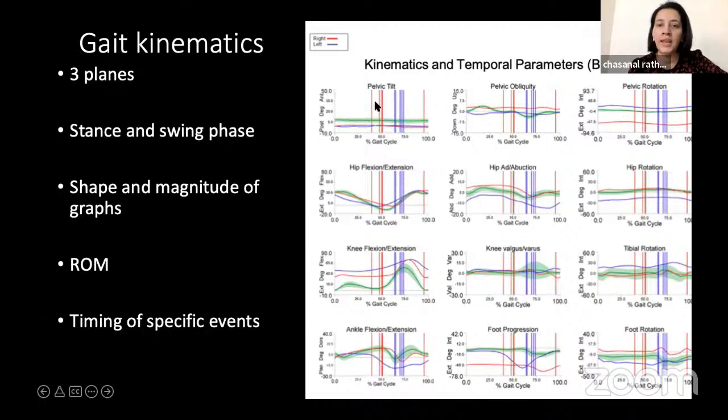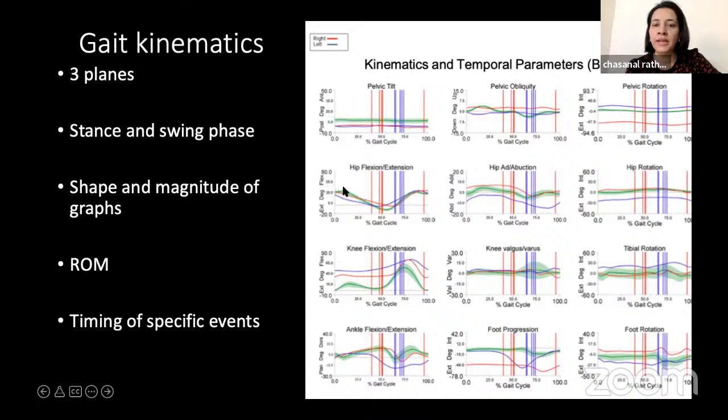The vertical line again divides it into stance and swing. Red is the right and blue is the left. Each lab has its own right and left, and each report gives it on the top, which is the right and which is the left. The green is the normal. So if any normal person were walking, his graphs would be at the green level.